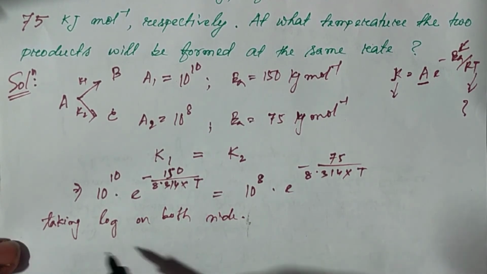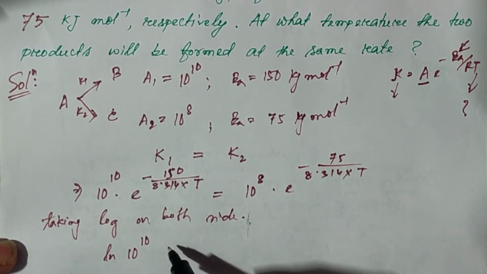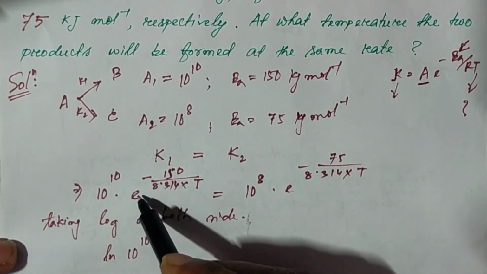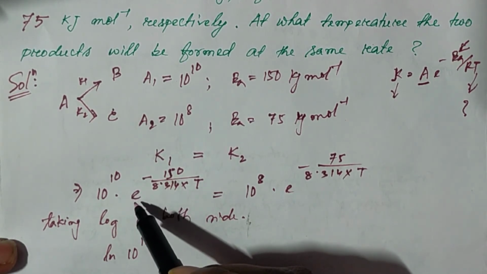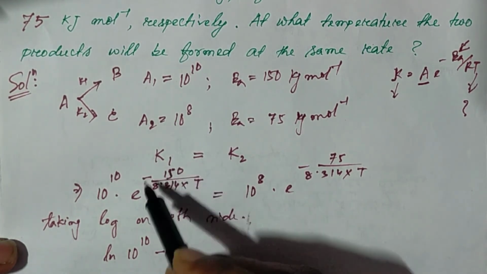First of all we will write here ln 10 to the power 10 minus, if we take ln of exponential e, then only this power part will remain.